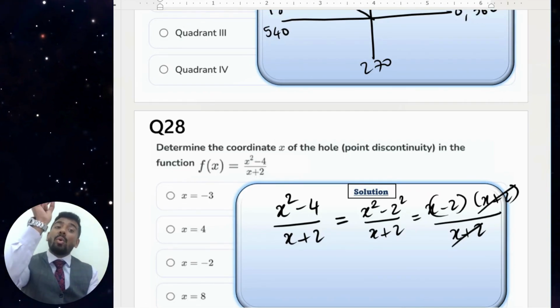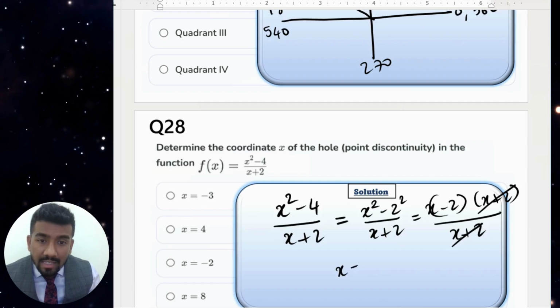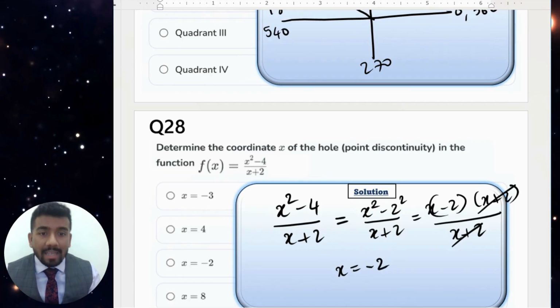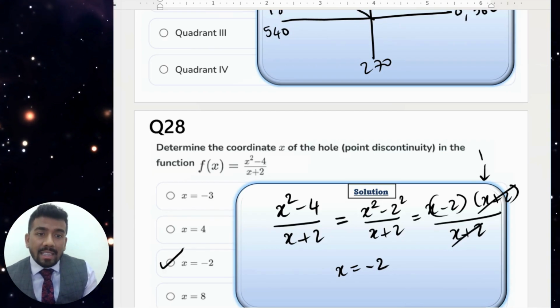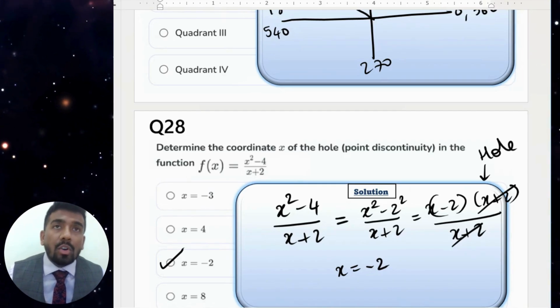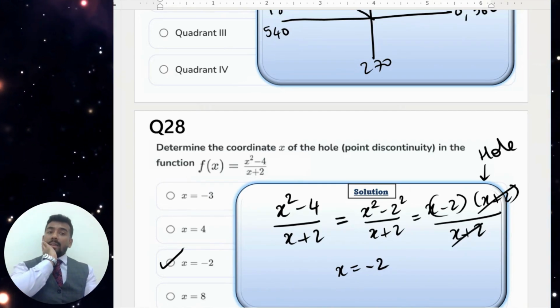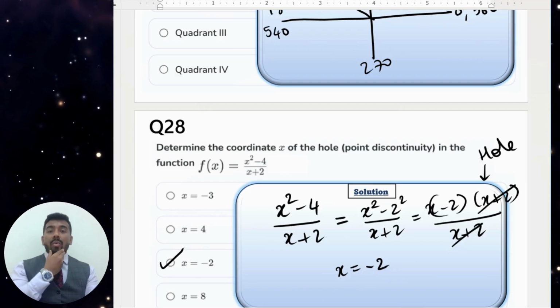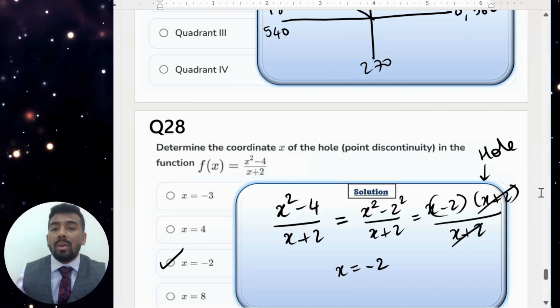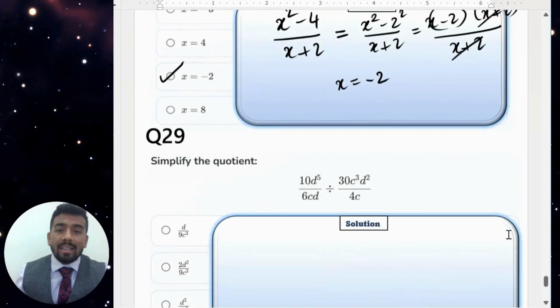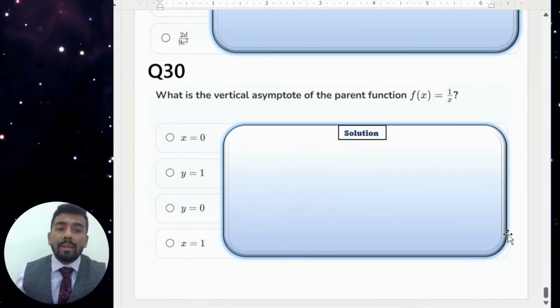So that's your hole. So x equals the opposite of plus 2. That's minus 2. So always remember, the one which gets cancelled, that's your hole. That's called removable discontinuity. So determine the x of the hole. That's x equals minus 2. That's your answer.